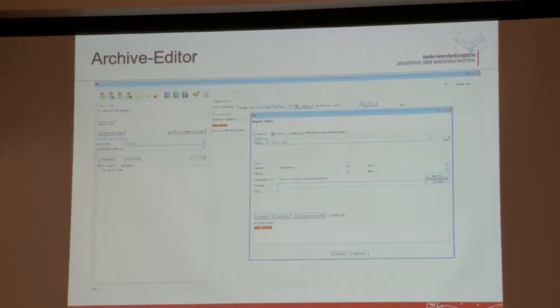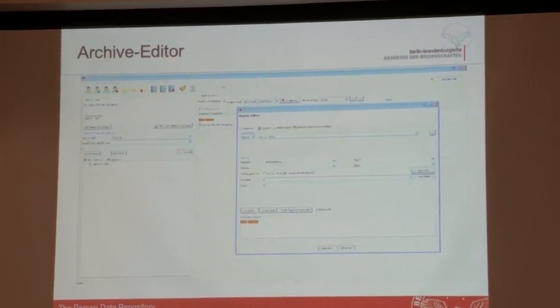I just mentioned it. We have this very cool archive editor, which is connected and synchronized with the repository, which helps you get direct access to the authority records, and which helps you follow this data model without knowing how this data model works.